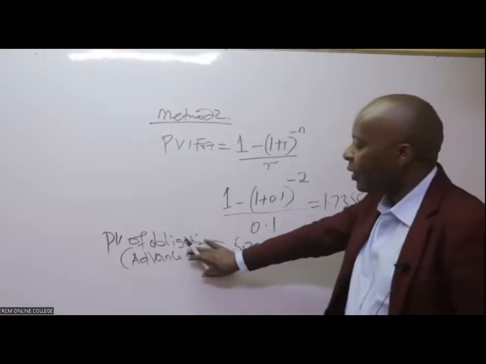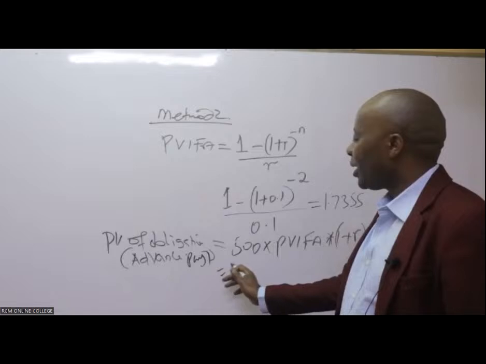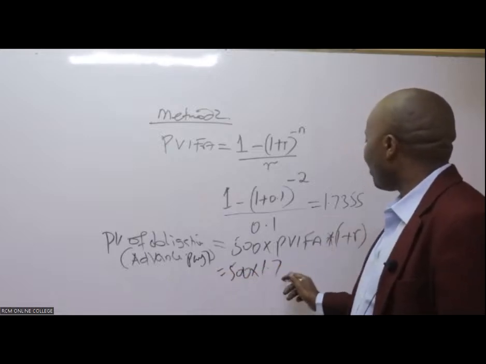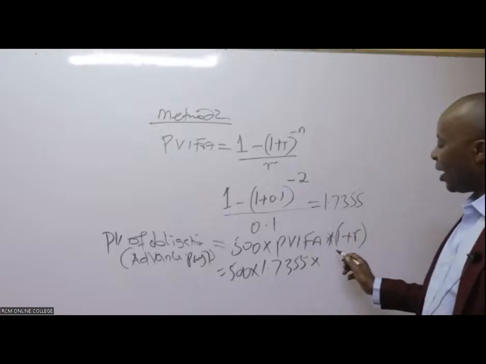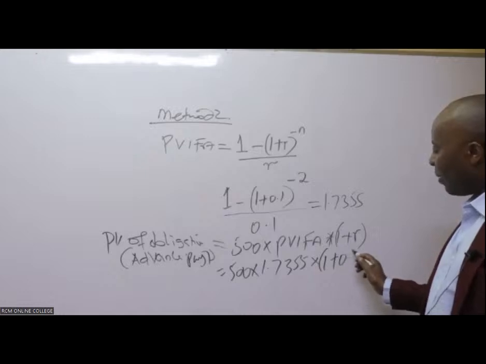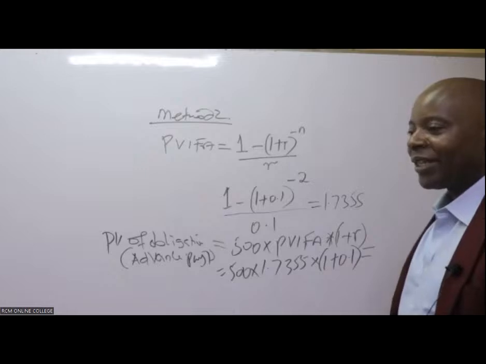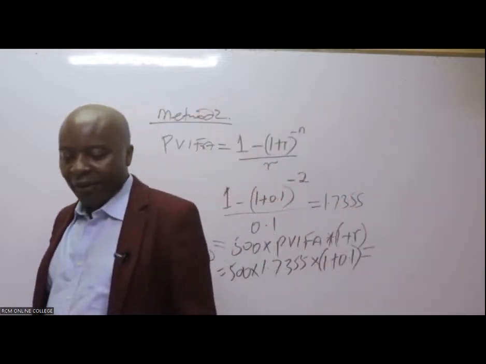So in this case, we shall talk of 500 multiplied by this PVIFA, which is 1.7355, multiplied by 1 plus R. So abracadabra, there is something I want us to derive. Shall we be able to get the same answer as the one we got of 954 point something?